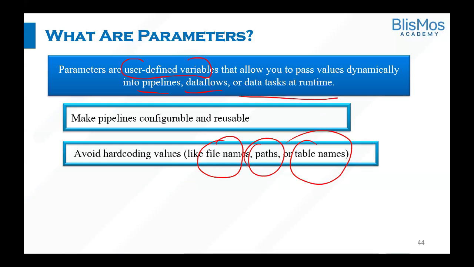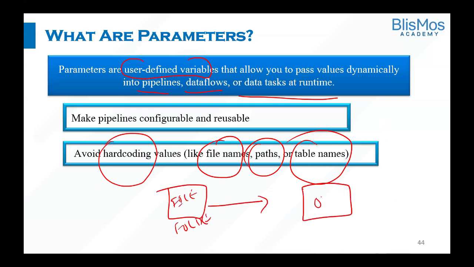What we have to keep in mind is, when you are creating the pipelines, avoid hard coding. For example, you are building a pipeline where the pipeline will pick the file from a folder and move it to, let us say, OneLake.